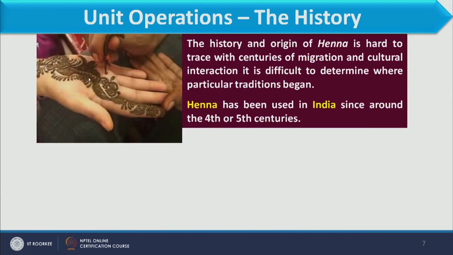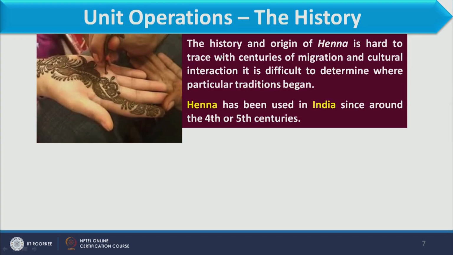Now let us consider a few more examples from history. If you consider this particular figure, that you understand very well, this is nothing but henna, we also call it mehndi. Now if you see this figure, how is this mehndi or henna prepared? Initially we collect the henna leaves, and then these leaves are crushed to a very fine size, and then mixed with water to make the paste.